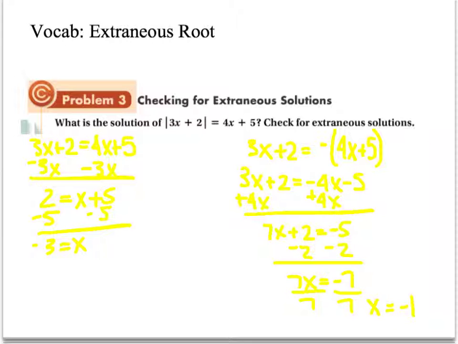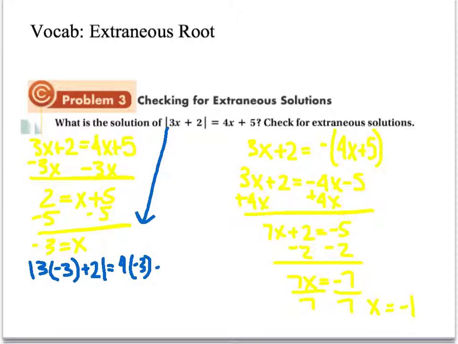Now, what you need to do to check for extraneous roots is take those answers, -3 and -1, and put them back into the original. So I'm going to use my original to check for extraneous roots. The absolute value of 3 times -3 plus 2 equals 4 times -3 plus 5.